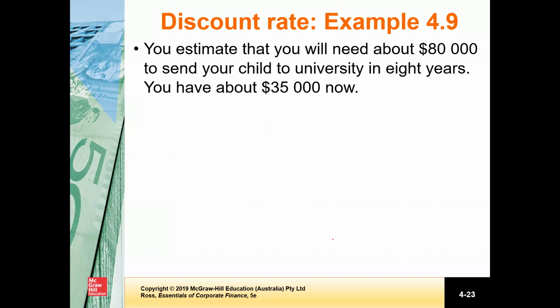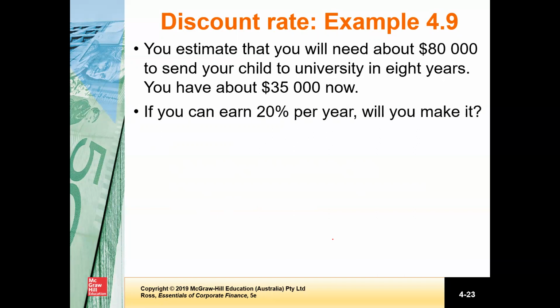we estimate that you will need about 80,000 to send your child to university in 8 years, and you have about 35,000 now. If you can earn 20% per year, will you make it? Okay, so in this case, what do you want to find out? You want to find out the future value.